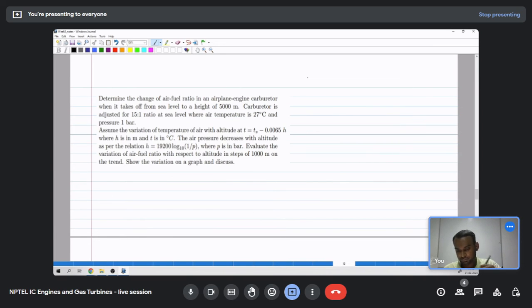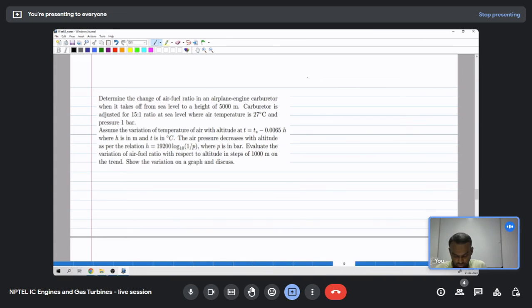Okay. The next problem: we have to determine the change of air-fuel ratio in an aeroplane engine carburetor when it takes off from sea level to a height of 5000 meters. The carburetor is adjusted for a 15:1 ratio at sea level, where air temperature is 27 degrees Celsius and pressure is 1 bar. Assume the variation of the temperature of air with altitude as T equal to Ts minus 0.0065 H, where H is in meters and T is in degrees Celsius.